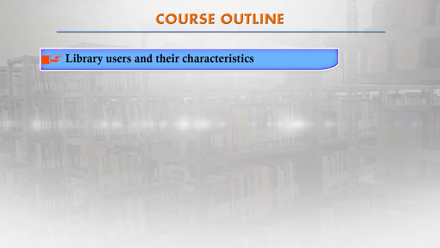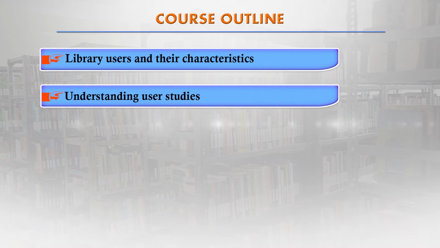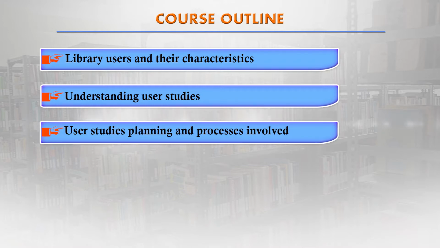Now in the course outline, let us first understand what a user means and what kind of characteristics they normally have. Then we will understand what user studies are, how these studies are planned, and what kind of processes are involved in carrying out a user study.